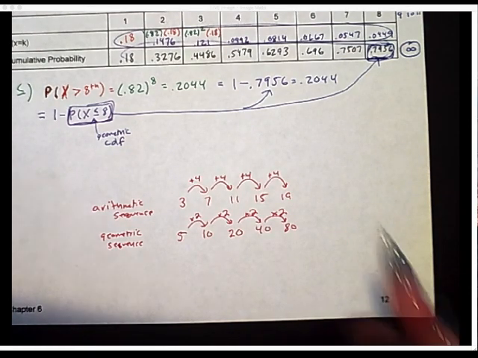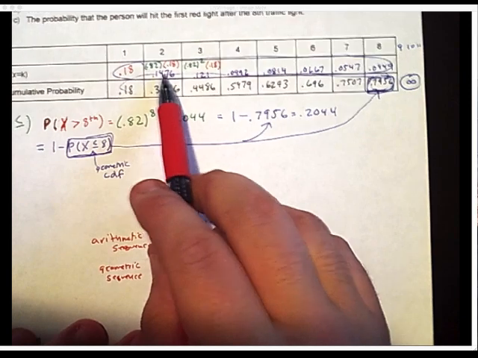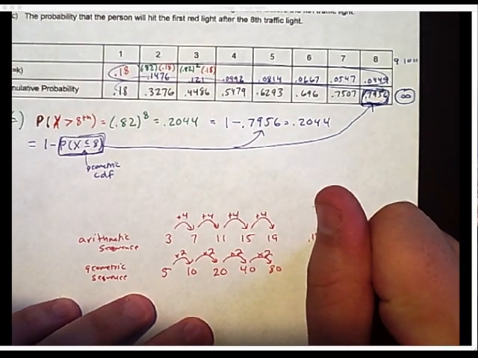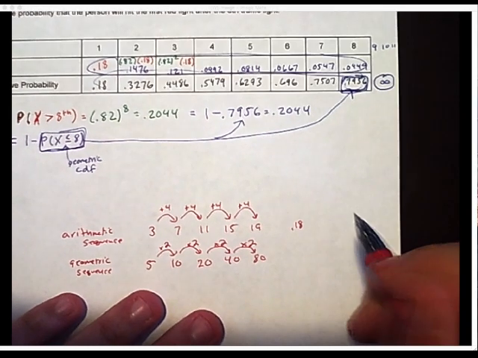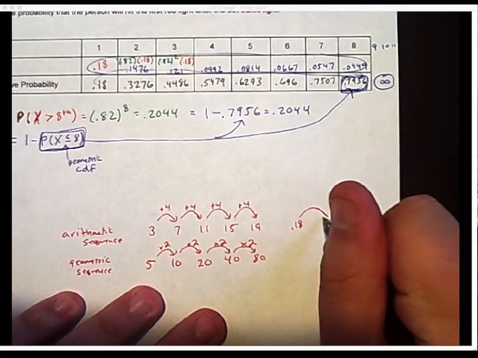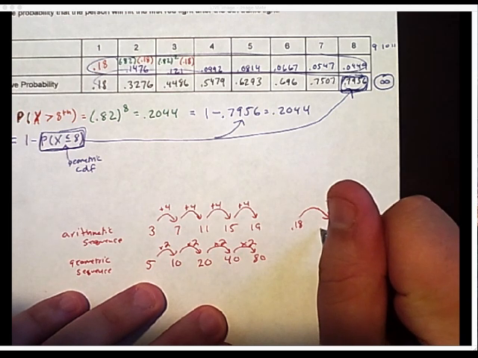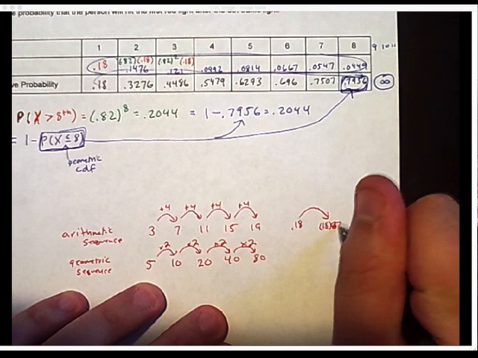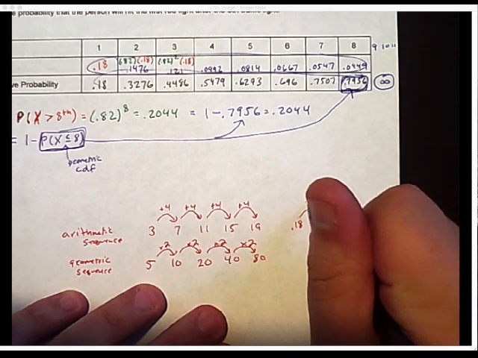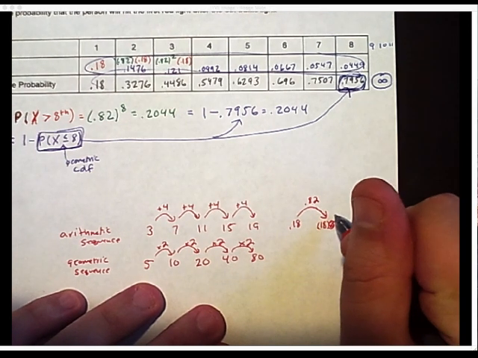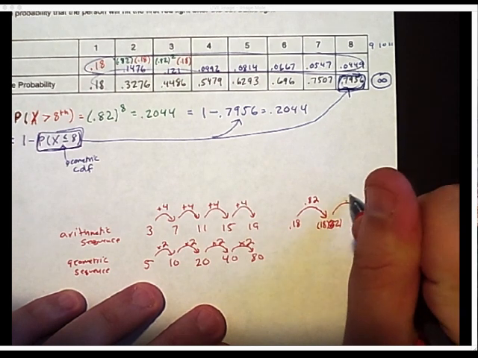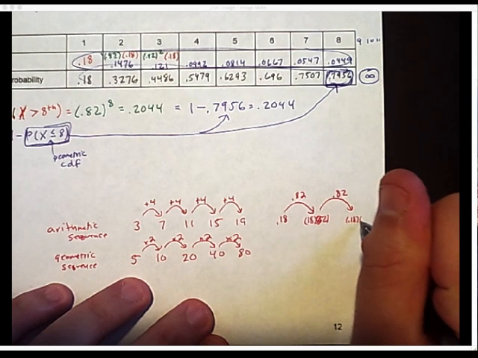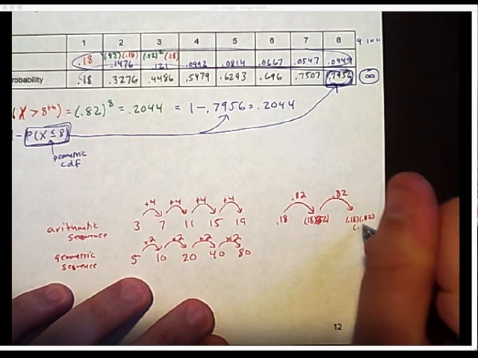So the reason why this type of distribution is called geometric, okay, is because we start with 0.18. And then what we do is 0.18 times 0.82. Okay, so we multiplied this by 0.82. And then we took that result and multiplied it times another 0.82. So we got to take 0.18 times 0.82 times another 0.82.